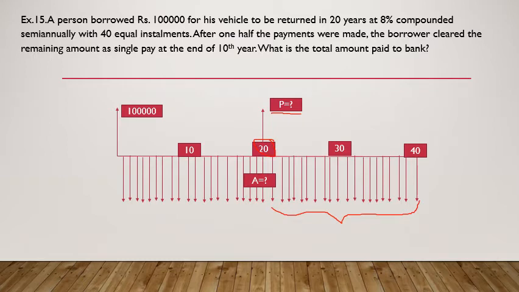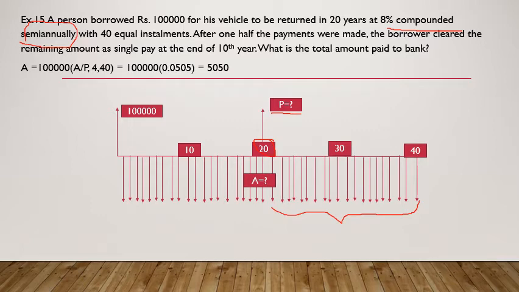Let us take one by one. These are all the given data. A is equal to 1 lakh, and that is P, and I am converting that into A using the factor A by P comma I comma N. Why is I 4 here, even though they have mentioned 8%? Because it is compounded semi-annually. Remember that it is compounded semi-annually, and hence I will become I by 2, at 4%, and N will become 2N.